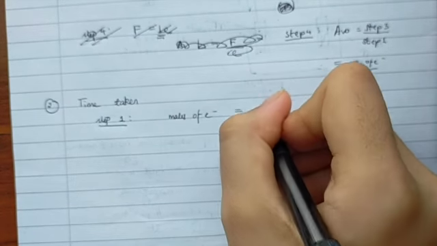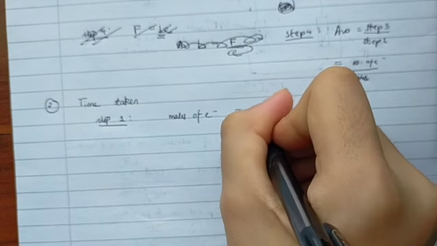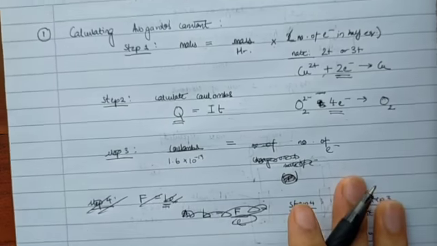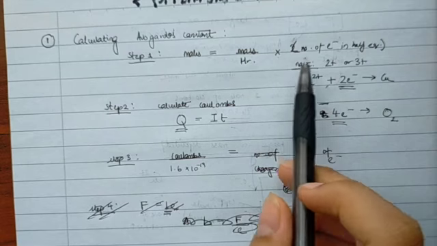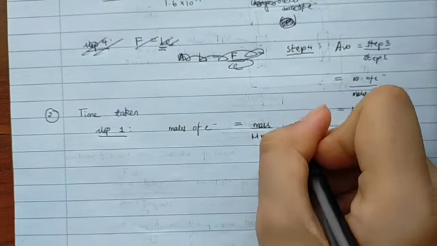So the moles of electrons, as you know by the mole equation, is mass over Mr. And again, as we mentioned here, we have to apply the same rule with the multiplication of the number of electrons according to the half equation.